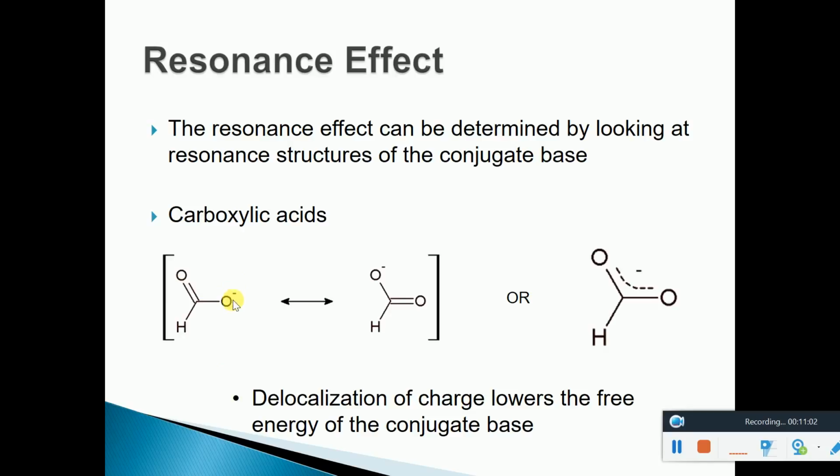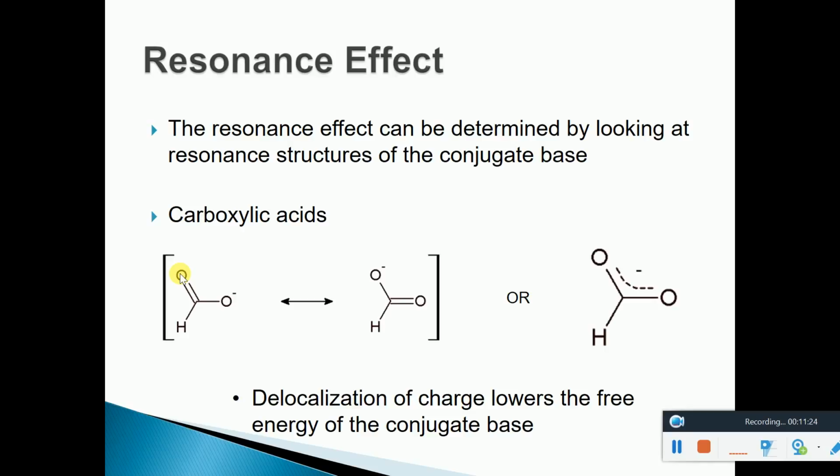Here is a carboxylic acid that has its proton already abstracted. There was a proton here, and it was taken off by a base. It has donated its proton already, and so now we're looking at this carboxylic acid's conjugate base.